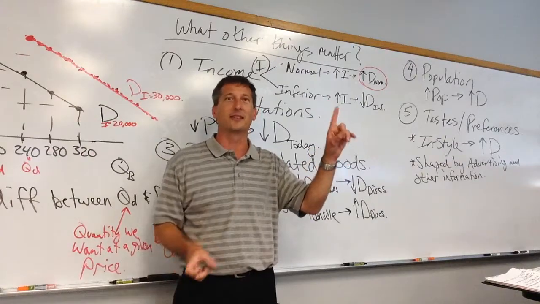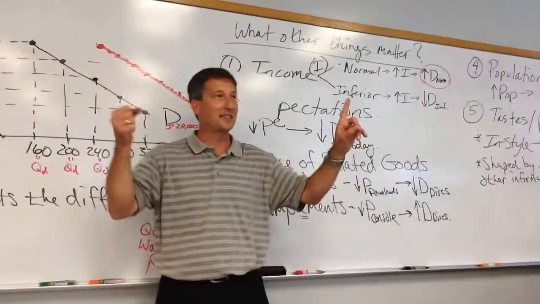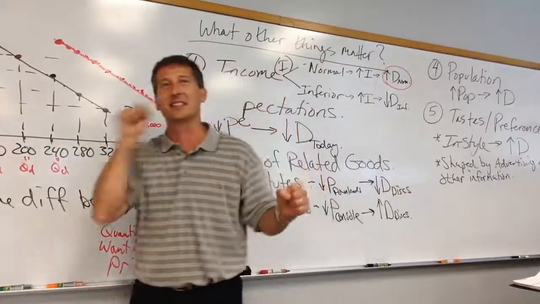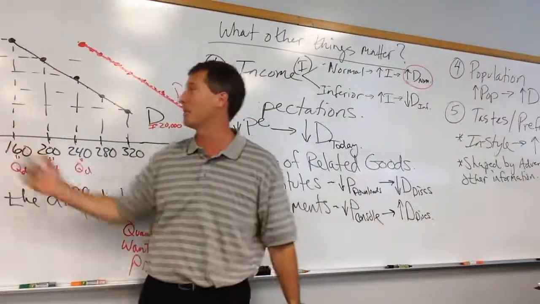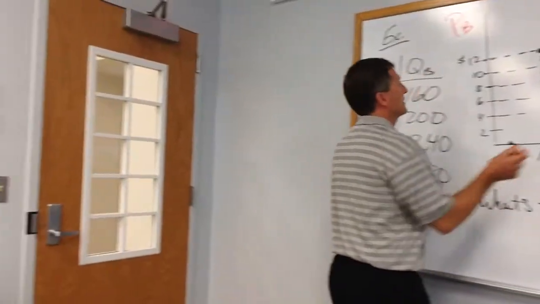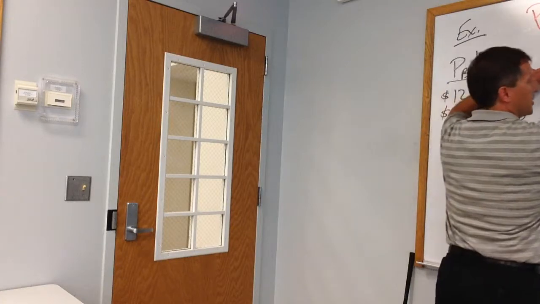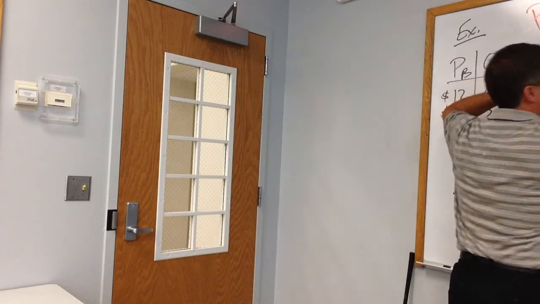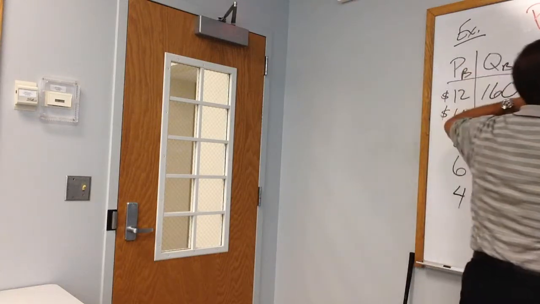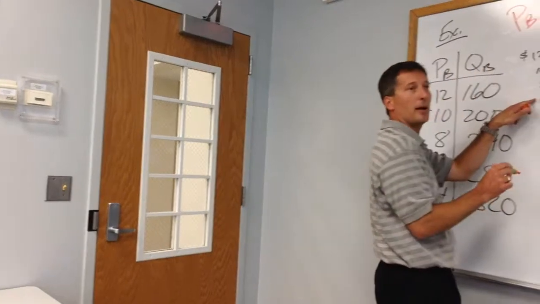With my Jack, I just have meat sticks. And so the increase in the price of pretzels causes you to buy less beer. At $10, I used to want to buy 200, now I want to buy this much. At $8, we used to buy this much, now we want to buy this much. At $6, we used to buy this much, now we want to buy this much.